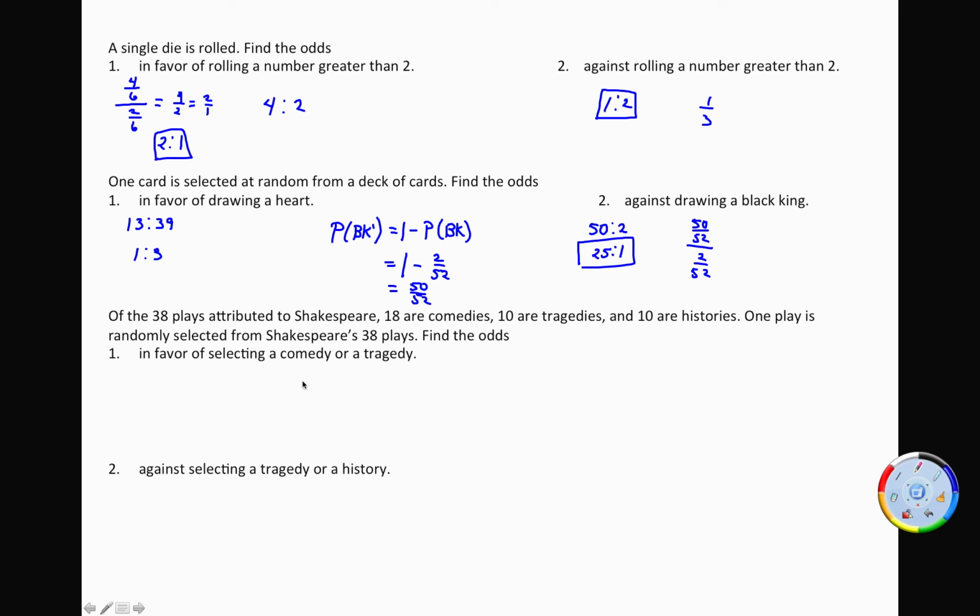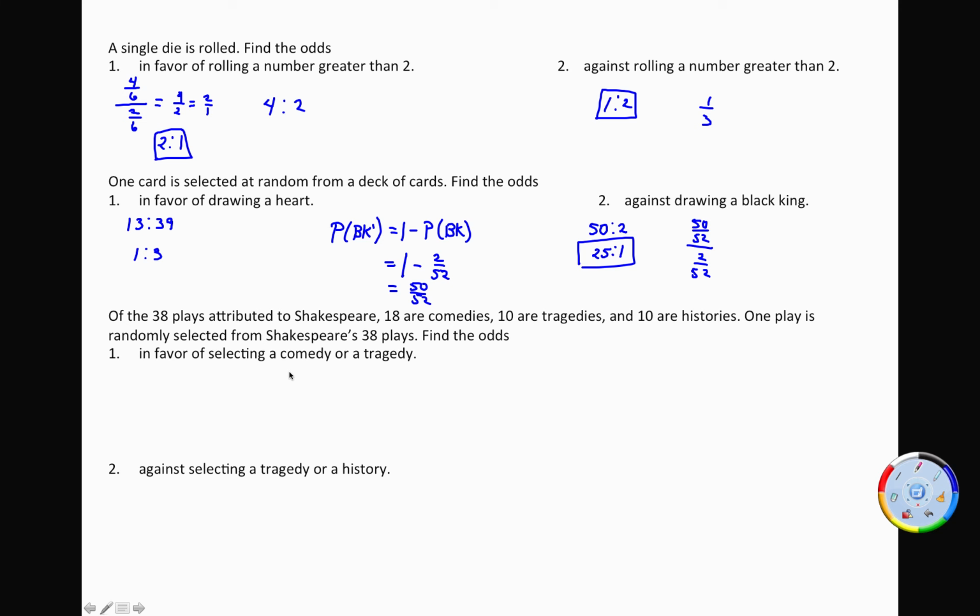All right, so I've got to see how many of them are a comedy or a tragedy. Or if you're following the formula specifically, find the probability of it being a comedy or a tragedy, which are mutually exclusive, right? The plays are not comedies and tragedies. They're classified as one or the other, but not both.